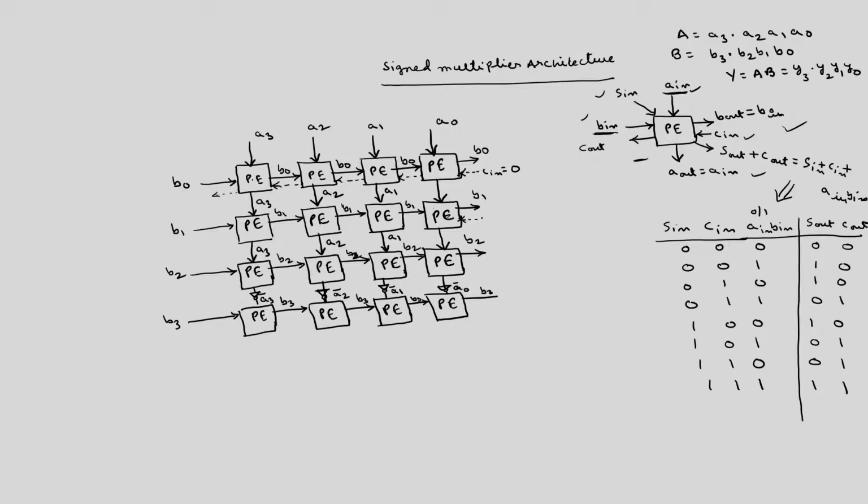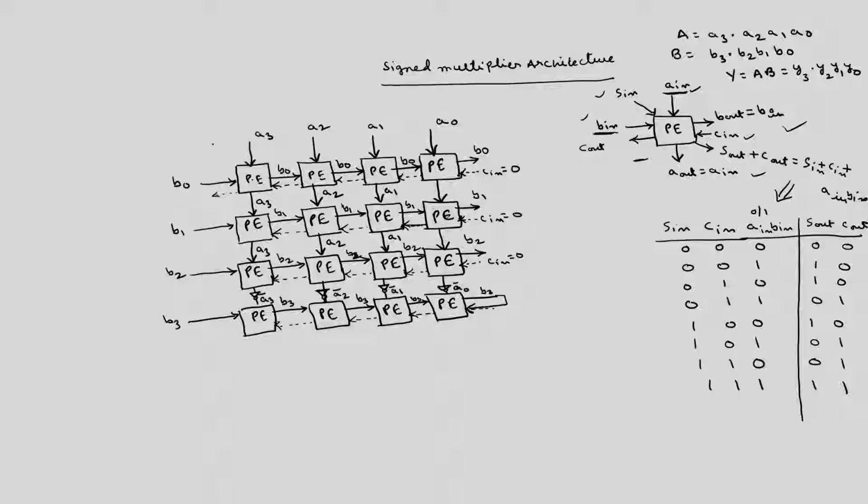So the initial carries for all these things except the last stage I will give as zeros. Now this C in I will connect to B3. I will explain why this has to be connected to B3.